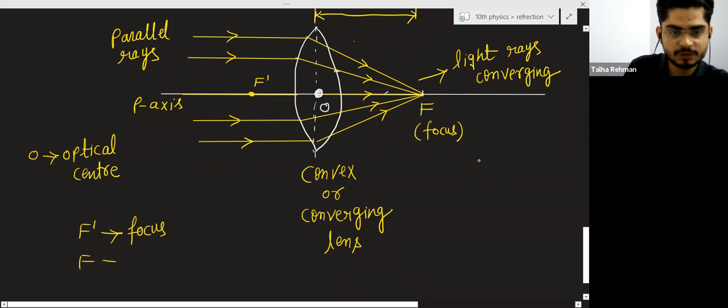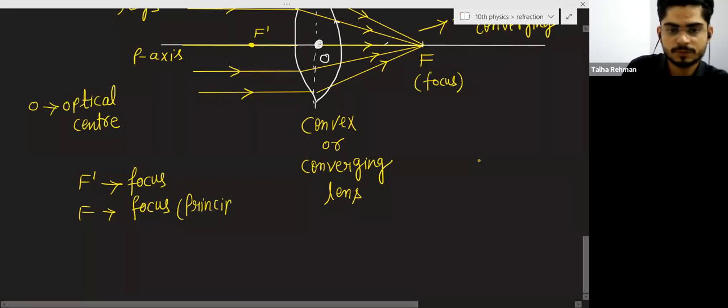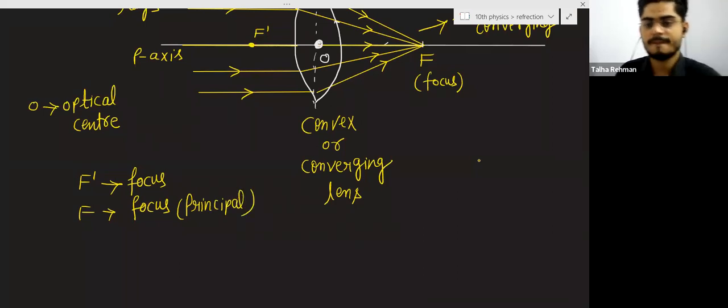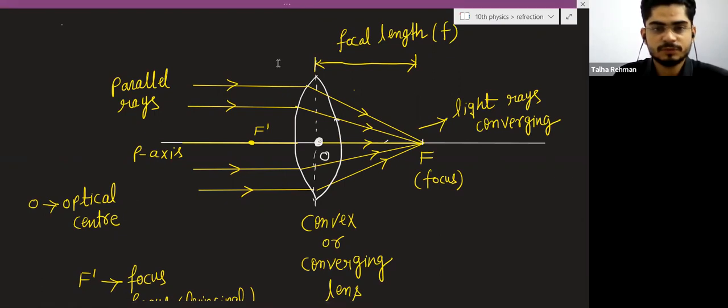This F is also focus. This is principal focus. If the light rays are coming from this side, then they will meet at this focus. So the lens has two foci. So note it down.